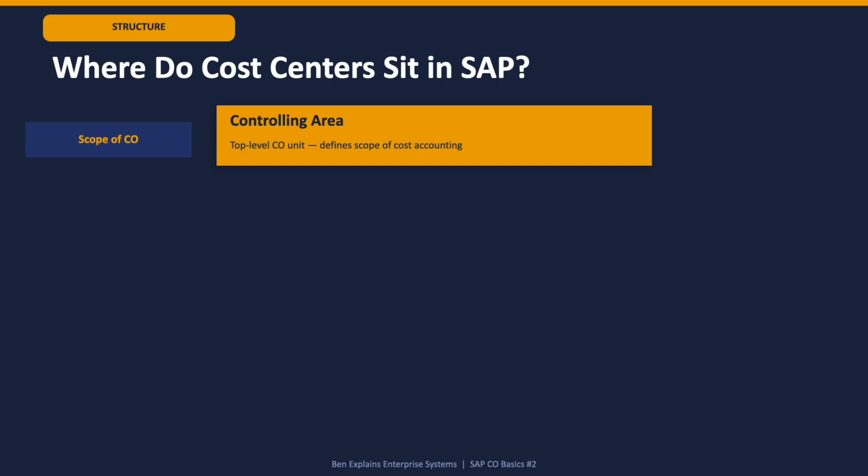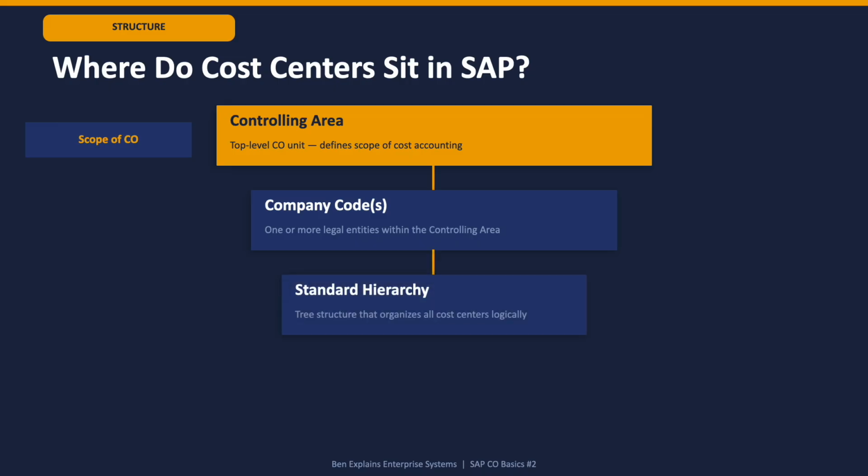One controlling area can contain multiple company codes, which means you can track costs across several legal entities within the same controlling framework. Within the controlling area, cost centers are organized into a cost center hierarchy, also called the standard hierarchy.